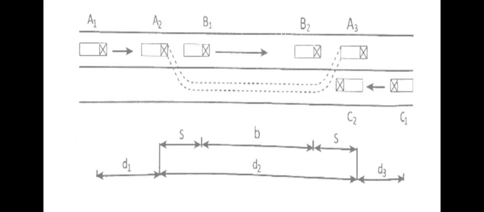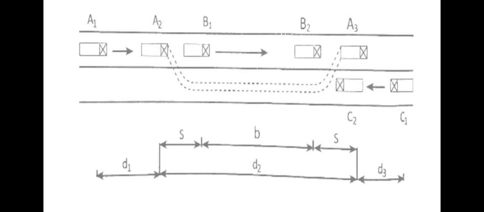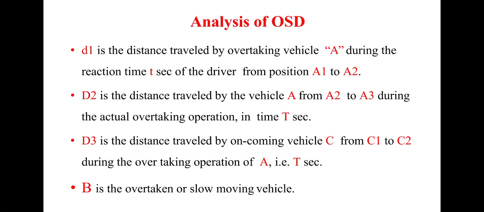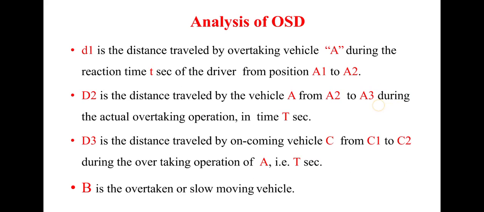Now d2, this notation should be in small letters, make a correction there. d2 is the distance covered by vehicle A from A2 to A3, that is to overtake vehicle B. So d2 is the distance traveled by the vehicle A from A2 to A3 during the actual overtaking operation in time T seconds. Whereas D3 is the distance of the opposite vehicle coming from position C1 to C2.